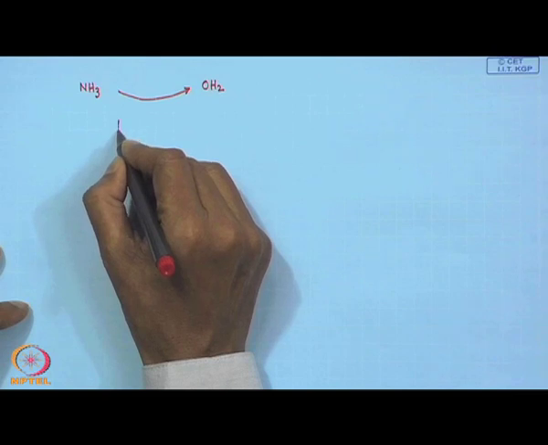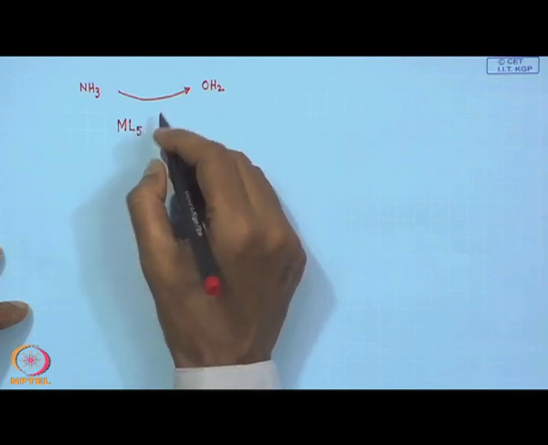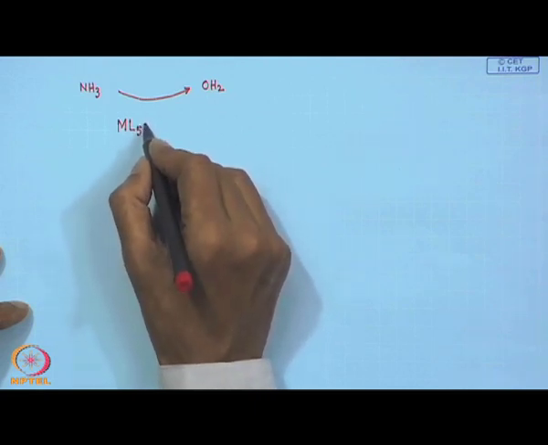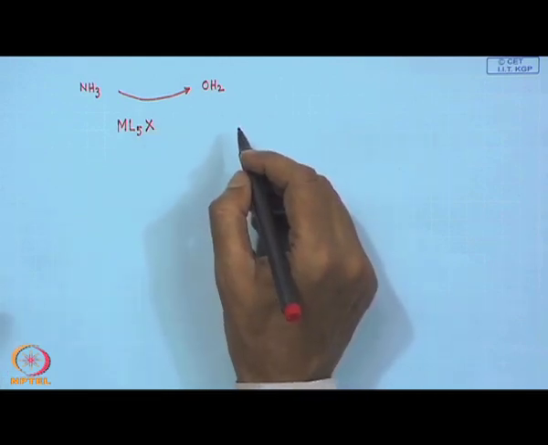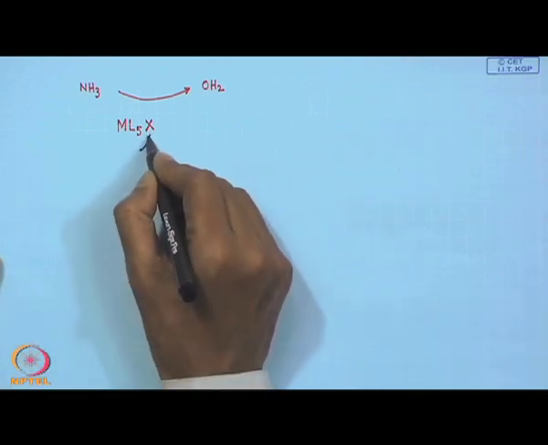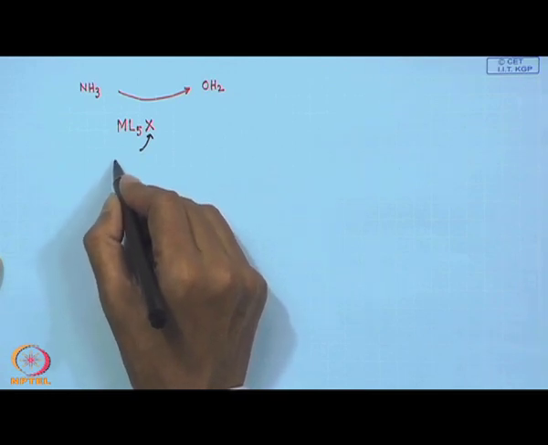So, if we have a system like ML5X, where X is present, which will be the leaving ligand, X can leave the system.